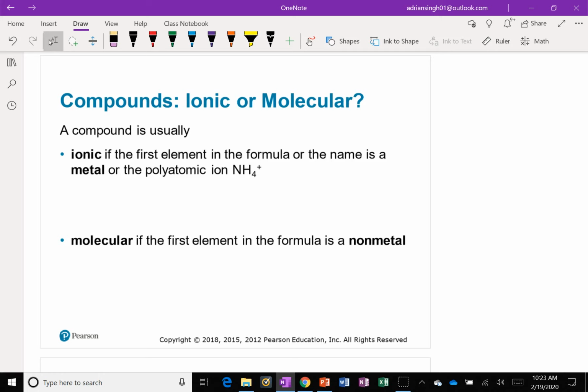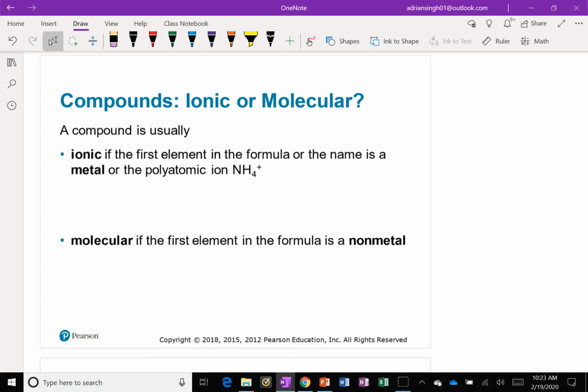So how can you tell something ionic from something covalent? Well, you look to see whether you have only non-metals in there, or whether you have metals in it. So once you see a metal in a formula, right away think ionic.